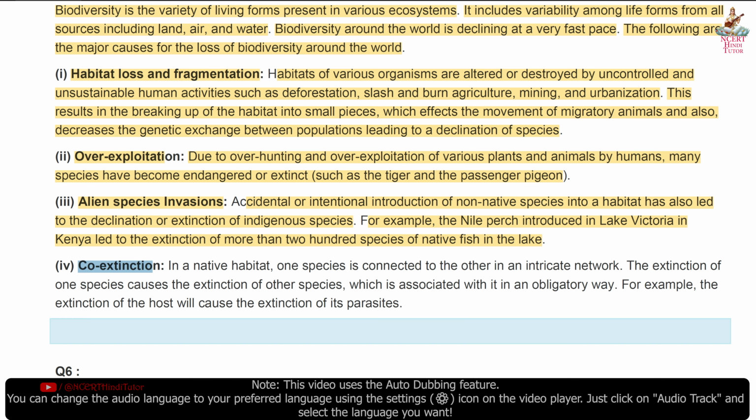Fourth, co-extinction. In a native habitat, one species is connected to the other in an intricate network. The extinction of one species causes the extinction of other species, which is associated with it in an obligatory way. For example, the extinction of the host will cause the extinction of its parasites.